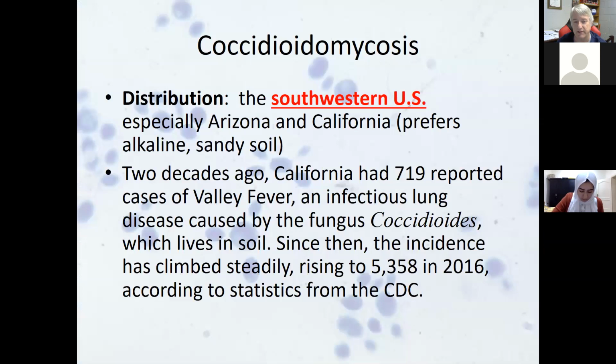Southwest United States, Arizona and California, prefers alkaline sandy soil. 20 years ago, California had 700 reported cases of valley fever, an infectious lung disease caused by Coccidioides. Since then, you see it has climbed steadily, in the last 20 years, up to 5,000 a few years ago, according to the CDC statistics.